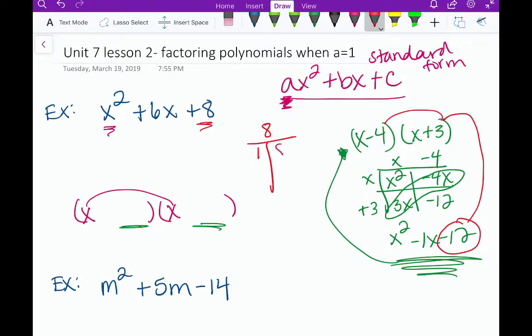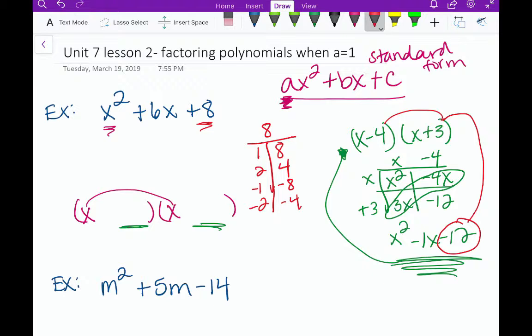So one option is 1 times 8, that's 8, or 2 times 4. Now, this is a positive 8, and so my factors are positive, but it's possible that I could multiply negative 1 times negative 8 would still be a positive 8, just as a negative 2 times a negative 4. So don't forget about those options.